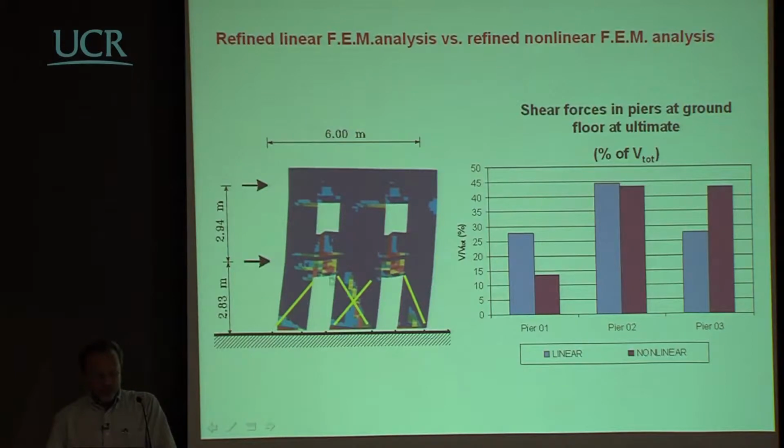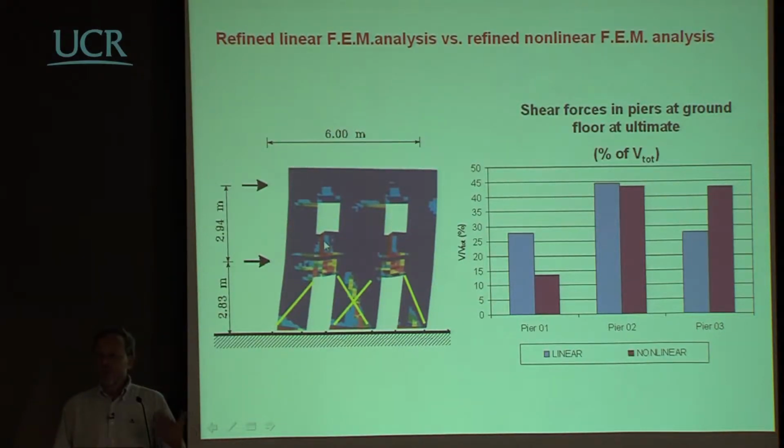This, of course, depends on something that will be important in the presentation that I'm going to give, and that is what happens in these lintels. Now, if you look at this simple case, the point is that you could think of this wall in terms of three vertical walls connected by lintels.